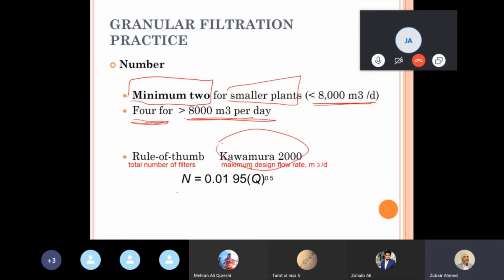He gave one equation that we can use to calculate the number of filters if we know the flow rate in meter cube per day. We can calculate the number of filters for that flow rate. But generally, if flow rate is less than 8,000, at least we use 2. If flow rate is more than 8,000 meter cube per day, we use 4.